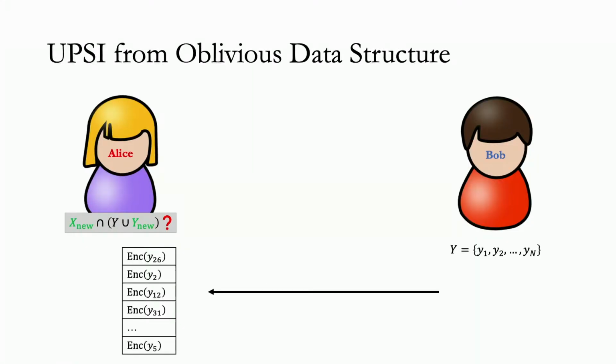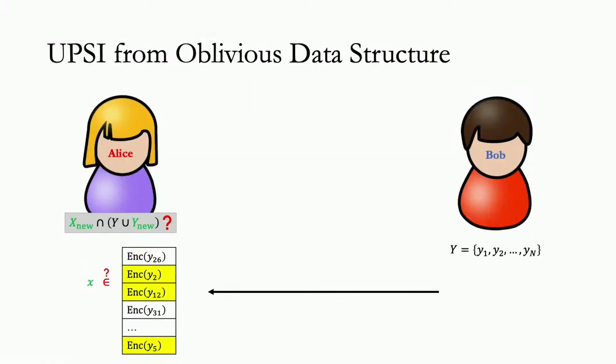Then, when Alice has a new element X, she wants to test whether X belongs to this encrypted database. But instead of comparing X with every single element, it suffices for her to just compare with a subset of these elements, let's say log n of them, using this oblivious data structure, which I will talk about in a minute. But let's say you can do this.